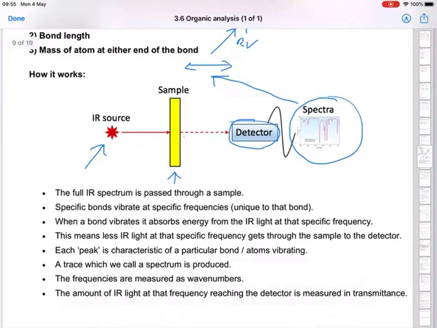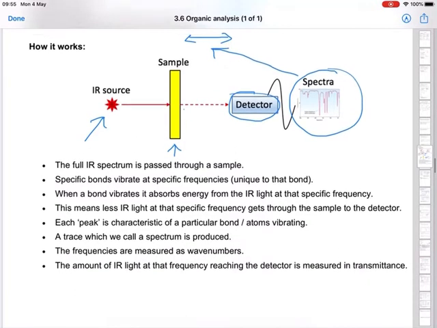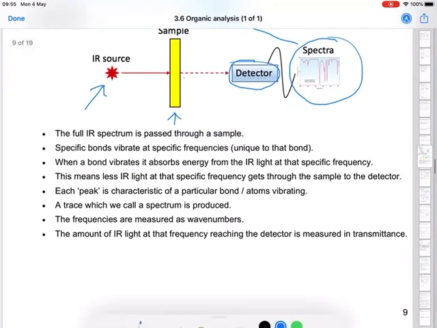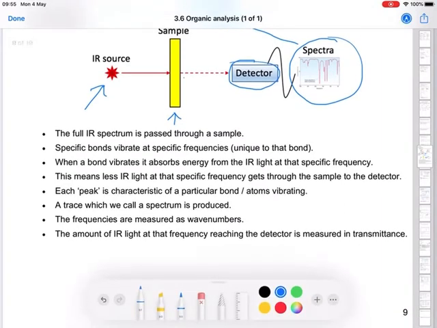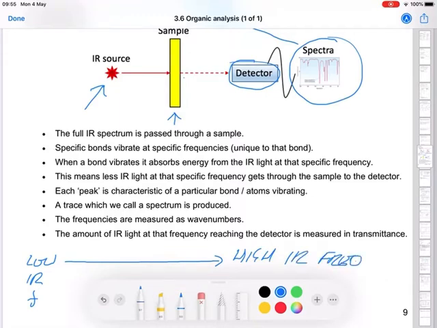Essentially, in the machine here, we start from a low infrared frequency, and it's gradually turned up all the way to a high infrared frequency.